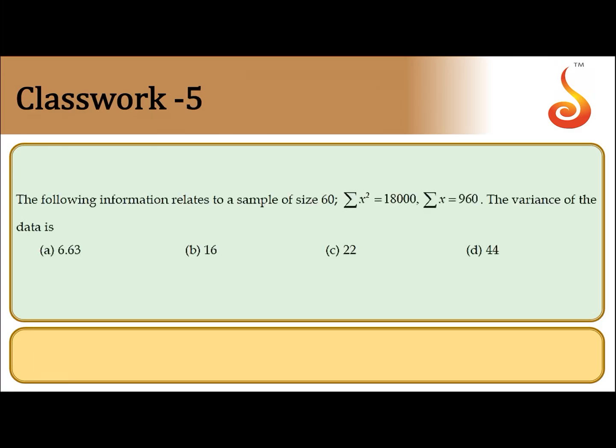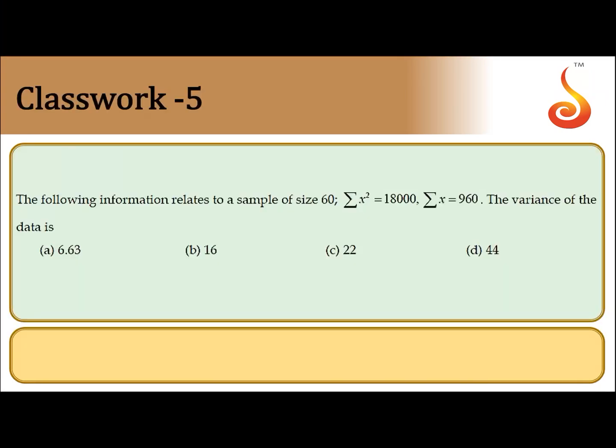Coming to the fifth one. You are given sigma x square equals 18,000 and sigma x equals 960. What is the variance of the data?